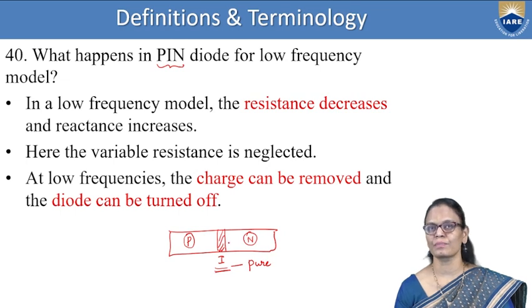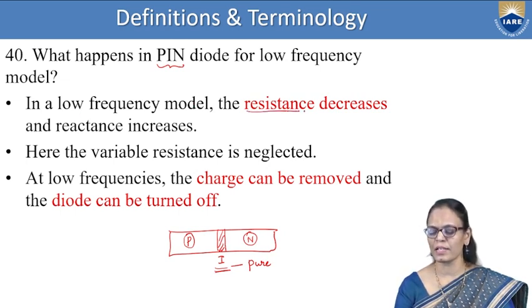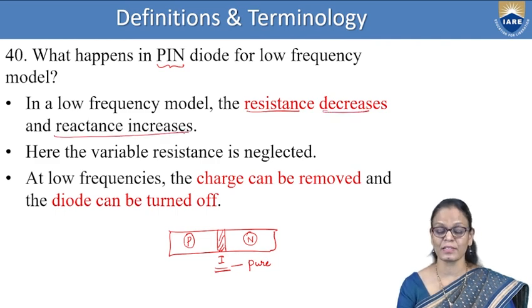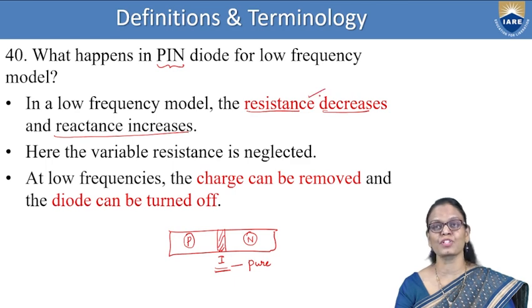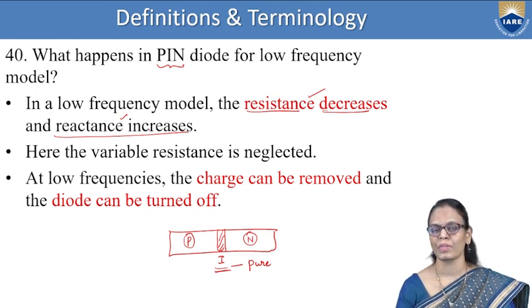then we call it a pin diode. In a low frequency model, the resistance decreases and the reactance increases. Resistance means the obstruction for the flow of current decreases, and the reactance means the impedance due to the components like inductance and capacitance in the circuit, that will increase.